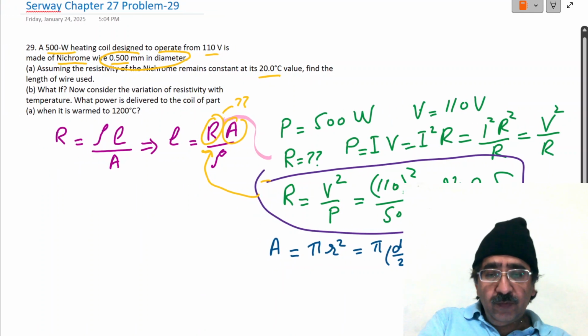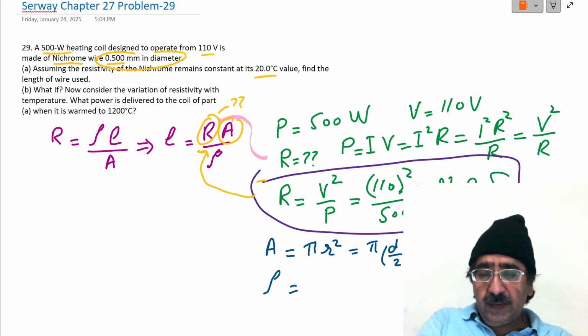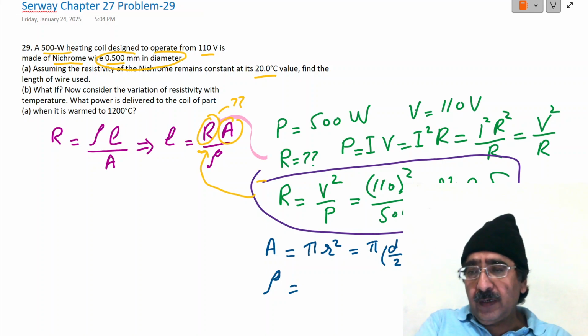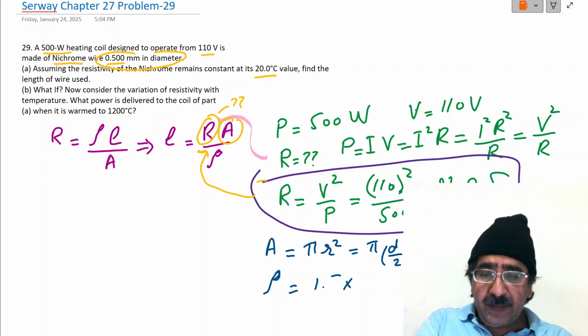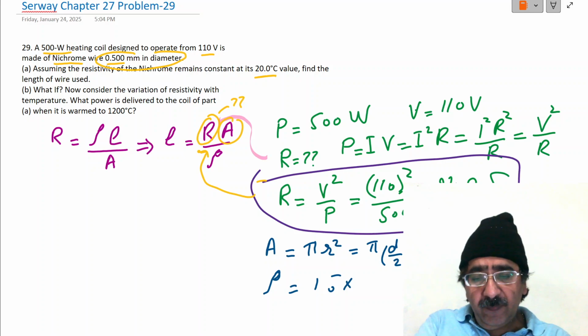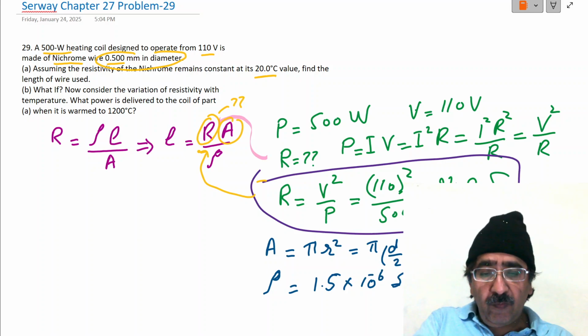Okay, so this will be the area, and rho, that is resistivity, for this element will be 1.5 times 10 raised to power minus 6 ohm meter.